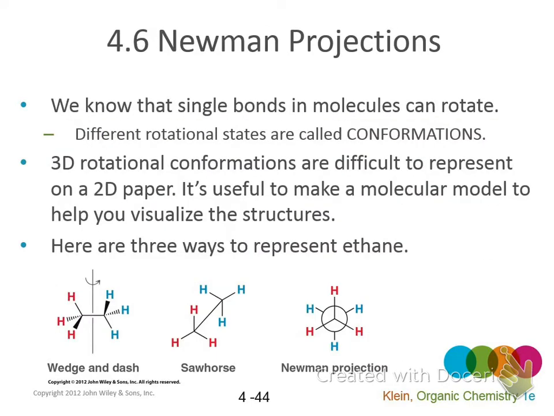So now what we're going to do is take a look at what are called Newman projections, and that's why I have to go get my model kit. I won't be able to show these very nicely on Doceri. I think there is a way for me to take pictures and incorporate them, but it's nice that people come to the lecture.